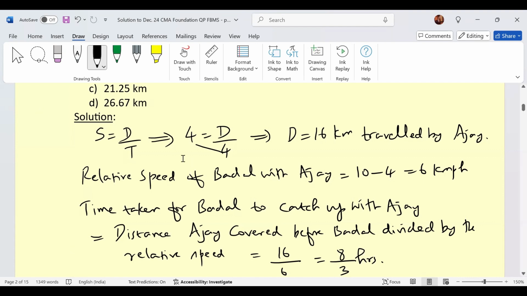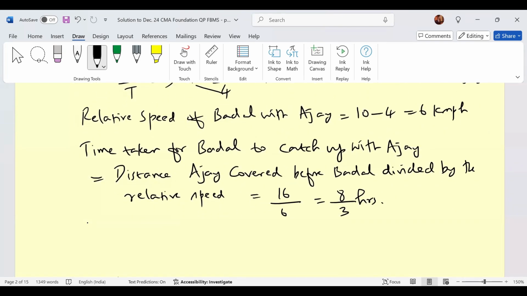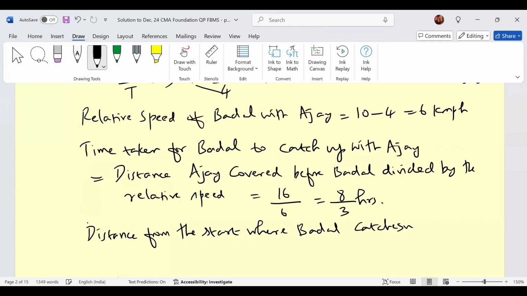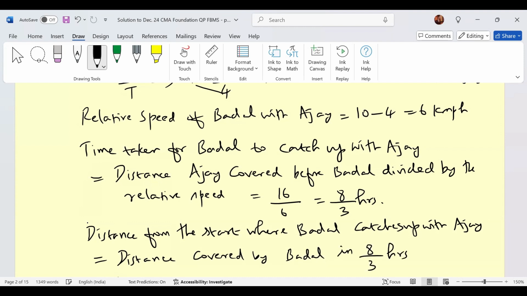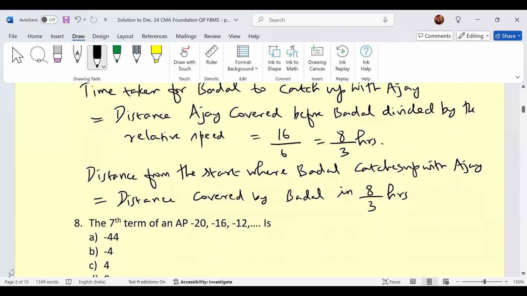Now, the distance from the start where Badal catches up with Ajay will be nothing but distance covered by Badal in 8 by 3 hours.